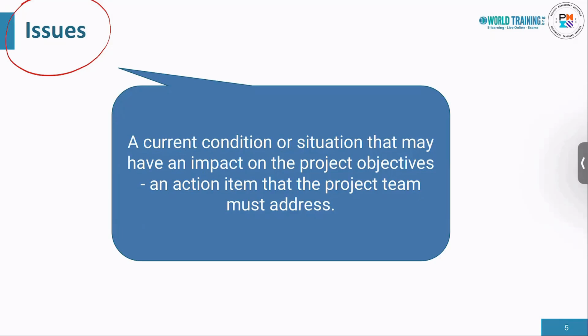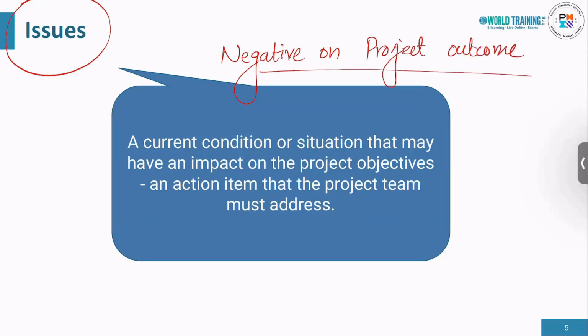So an issue is a condition that has negative impact on project outcome. And if the team does not respond to these negative events, then it would be difficult to achieve project objectives.